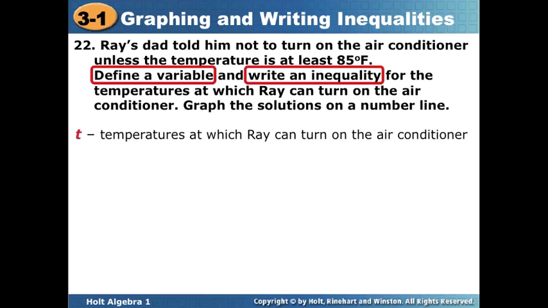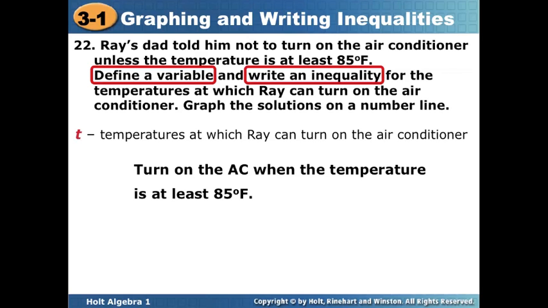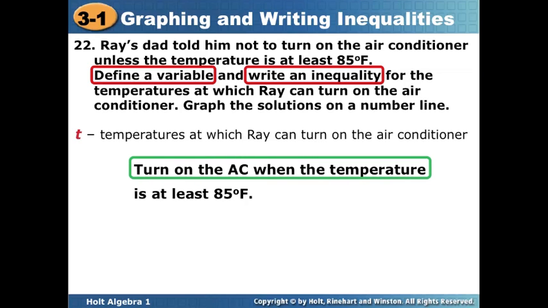We're now going to write an inequality. To turn on the AC when the temperature is at least 85 degrees Fahrenheit, turning on the AC is going to be our variable T. Is at least, think about this, is at least is greater than or equal to. If you could turn on the air conditioner, the temperature must be at least 85 degrees.